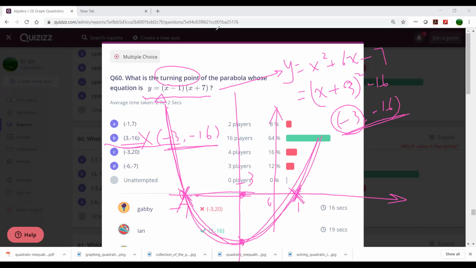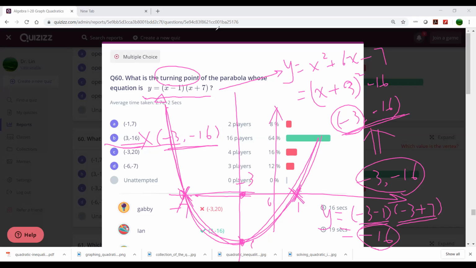The vertex is exactly on the axis of symmetry. So we put -3 inside: (-3 minus 1) times (-3 plus 7), the product of -4 and 4, so -16 as well, right? So it should be (-3, -16).